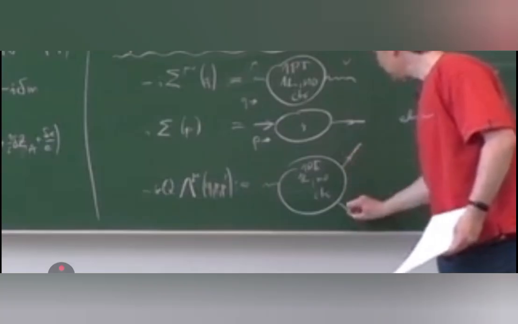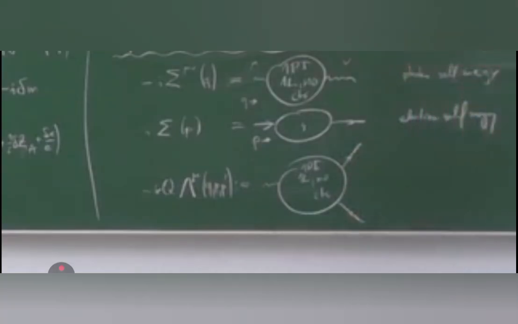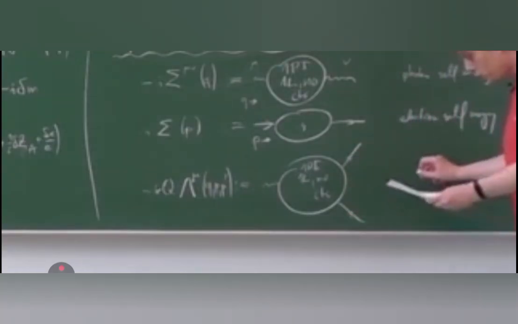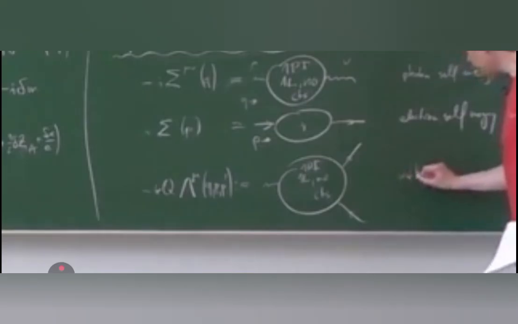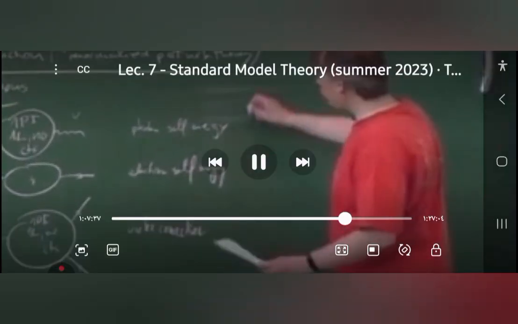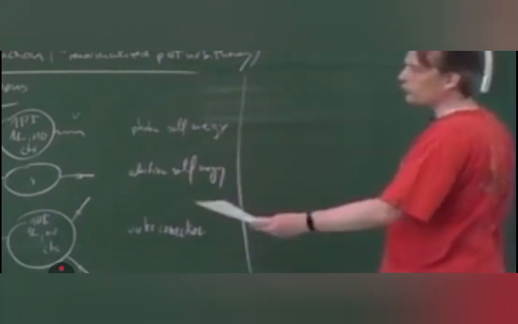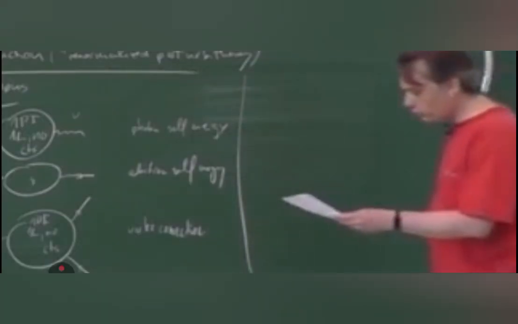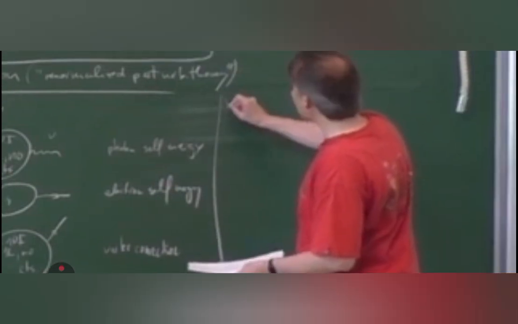This 3-point function we call the vertex correction. So we have now introduced 3 names for 3 important one-loop building blocks, and those are precisely the one-loop building blocks which are affected by our counter terms, and so therefore let us write this including counter terms.